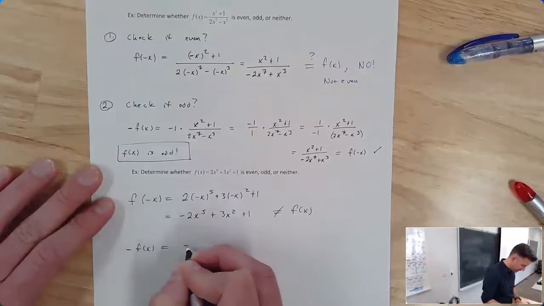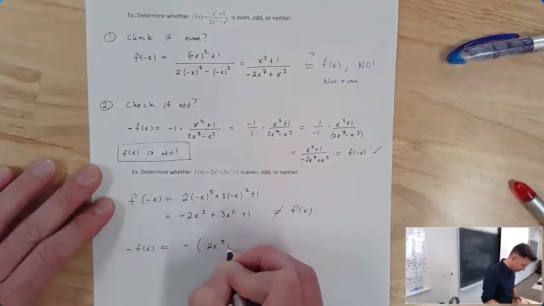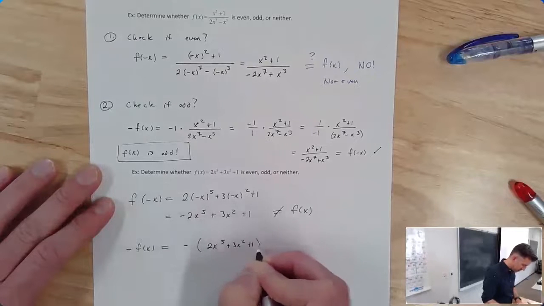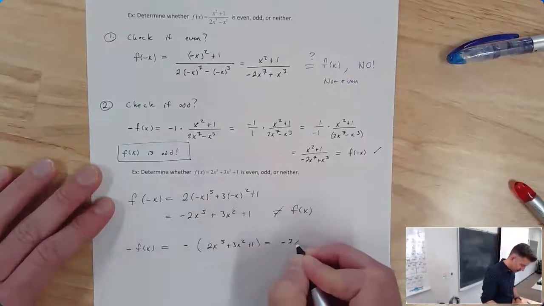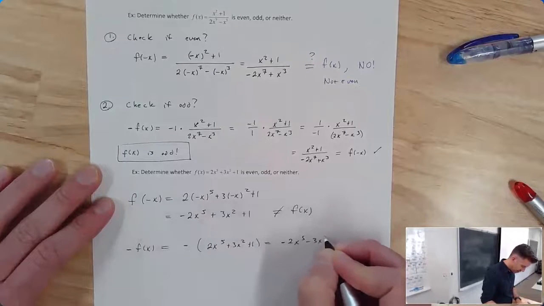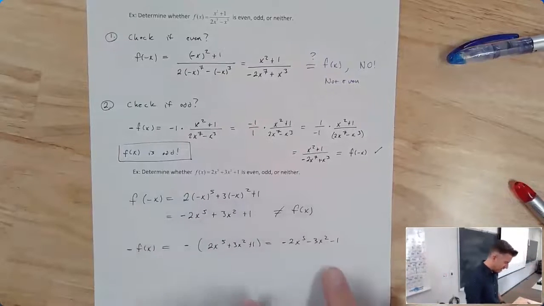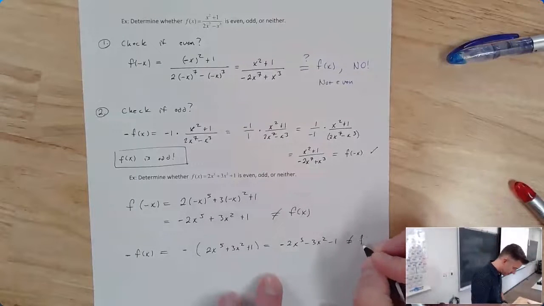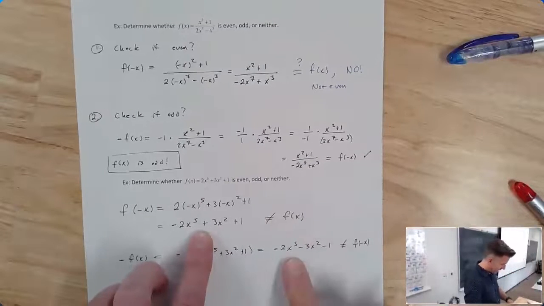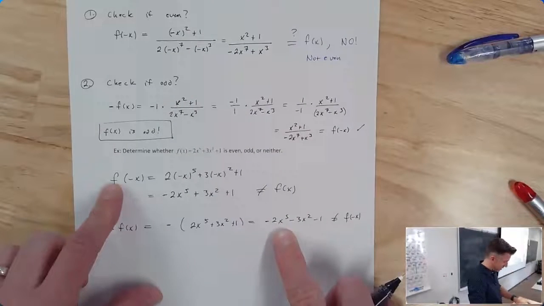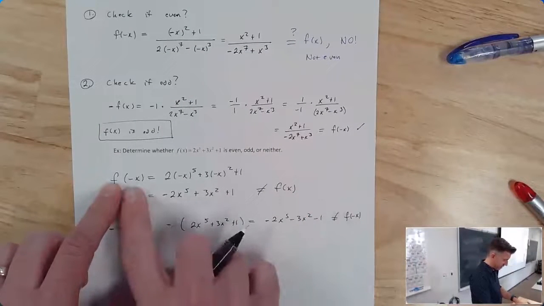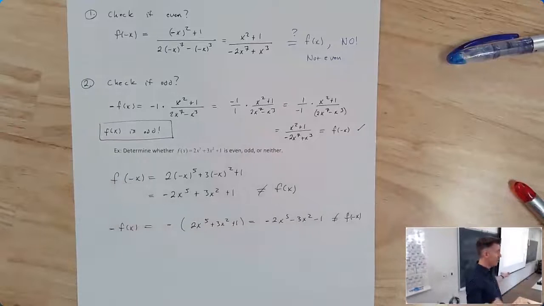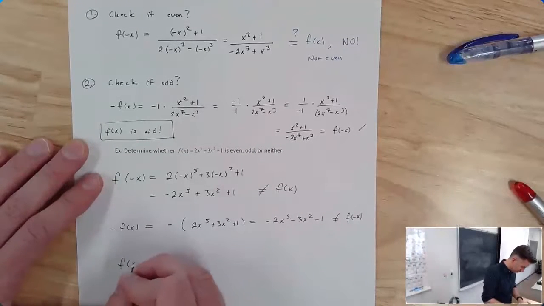Well, negative f of x is negative 2x to the fifth plus 3x squared plus 1. If we distribute the minus sign, that's negative 2x to the fifth minus 3x squared minus 1. But that's not equal to f of negative x. That's not the same as that right there. So f of negative x didn't equal f of x, and f of negative x didn't equal negative f of x. So since we weren't even and we weren't odd, this function is neither.